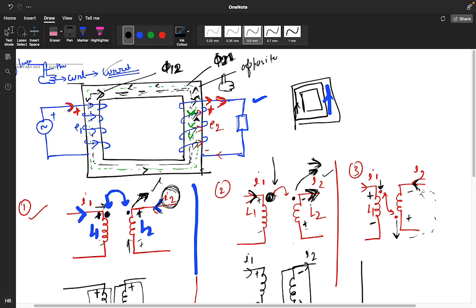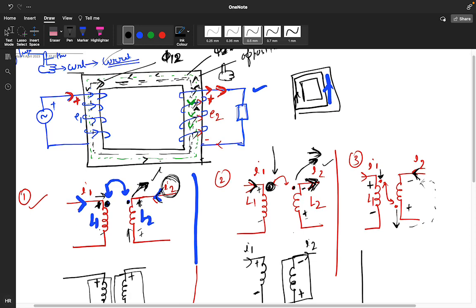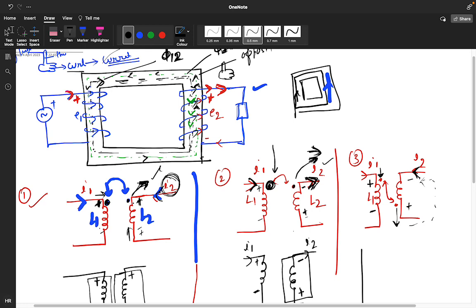We have to decide where we are giving the negative and where we are giving the positive. In the opposite case, we are giving the positive at the dot terminal. See, understand.